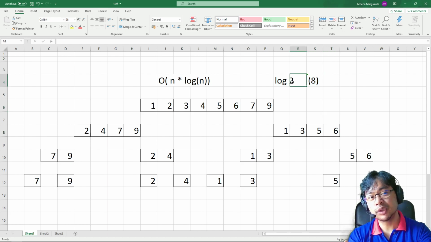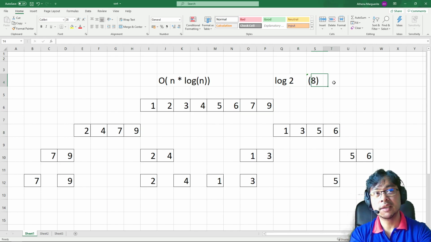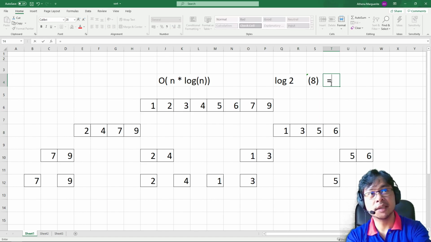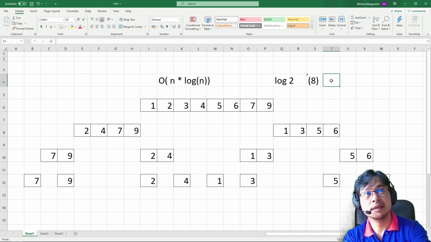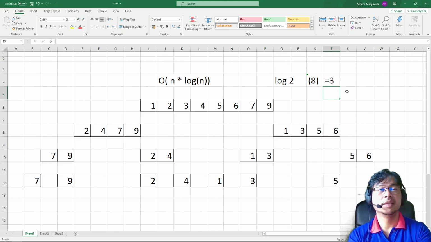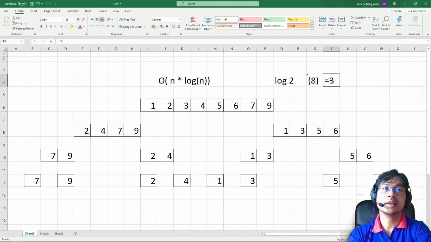So, 2 multiplied by 2 multiplied by 2. Will that be enough? 2 times 2 is 4, times 2 is 8. That is equal to 3. Right? So log base 2 of 8 is 3.